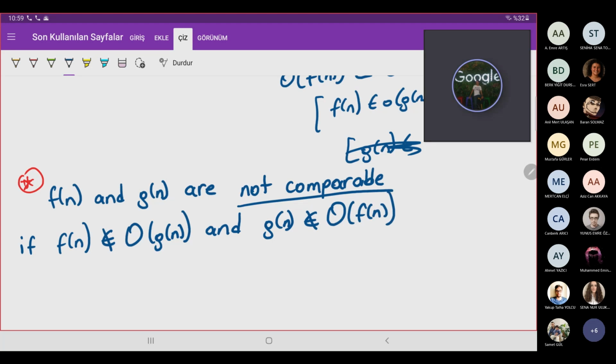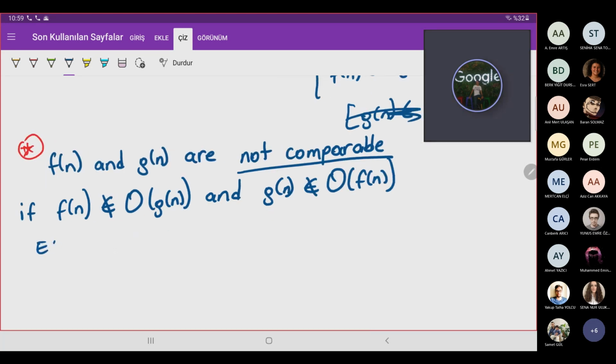For instance, an example is functions involving modulo operators.